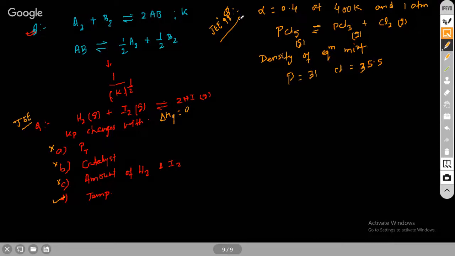10.64, the density of the mixture. 10.64 you are getting. How is it 10.64? It's wrong. It is not tough. Check your calculation. 5.97. It's wrong.